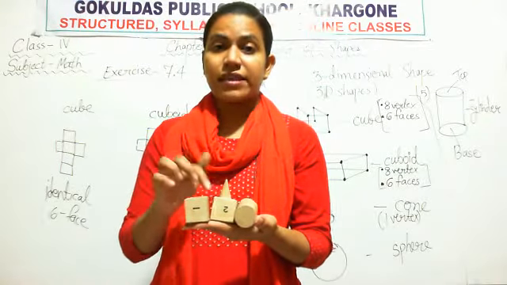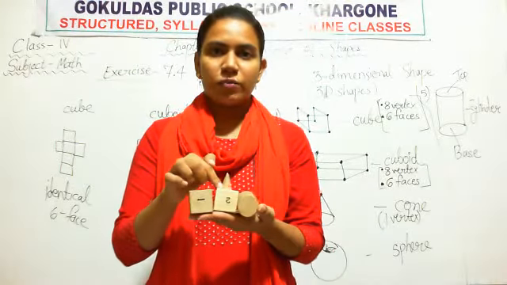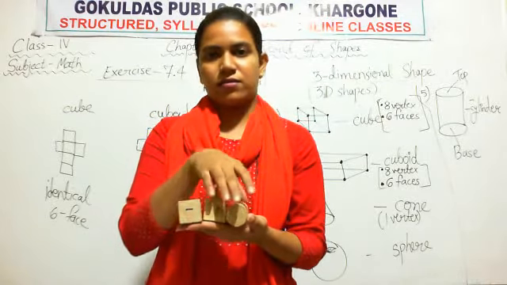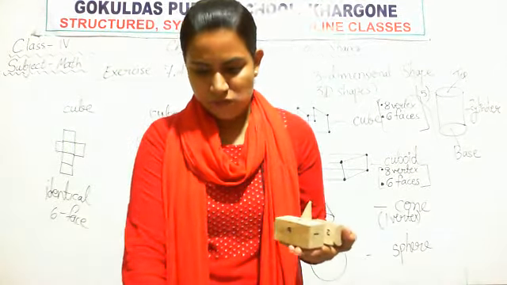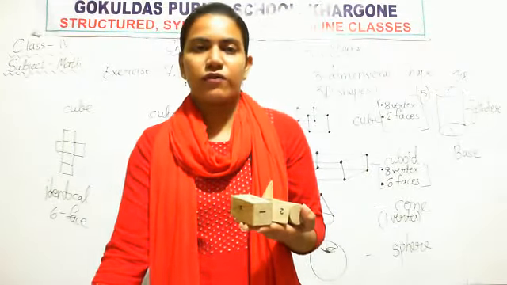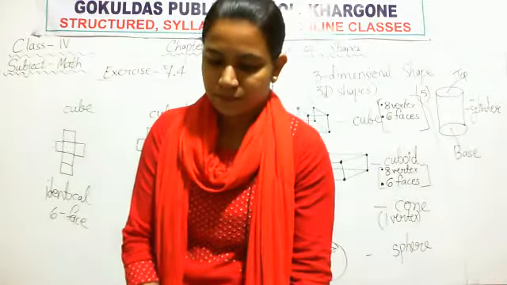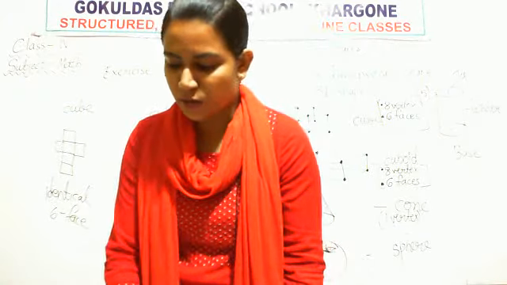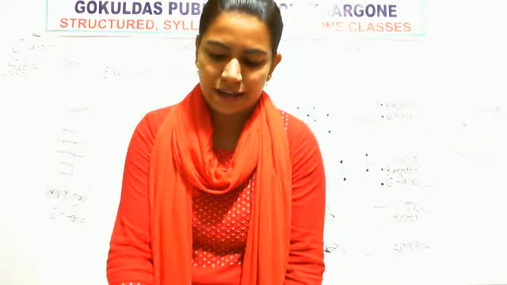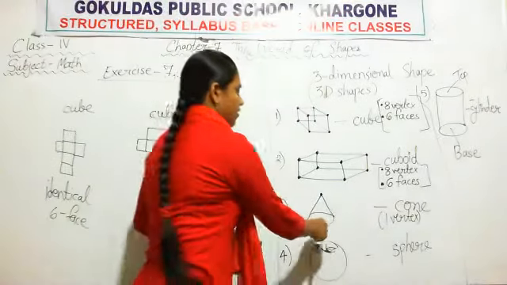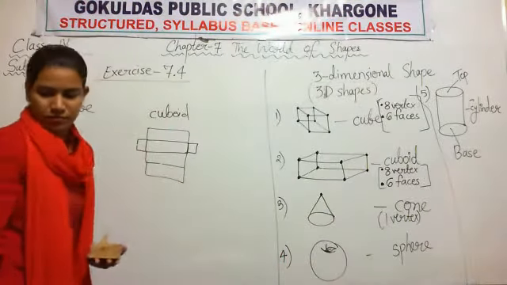Cuboid, it has 8 vertex. Cube, it has 8 vertex. Tell me. Which shape has only one vertex? On the board it is written, observe. Cone, right. Cone has only one vertex.